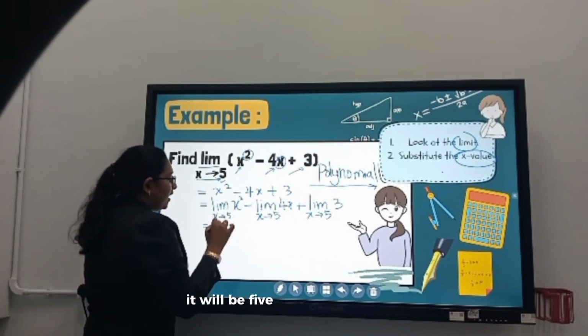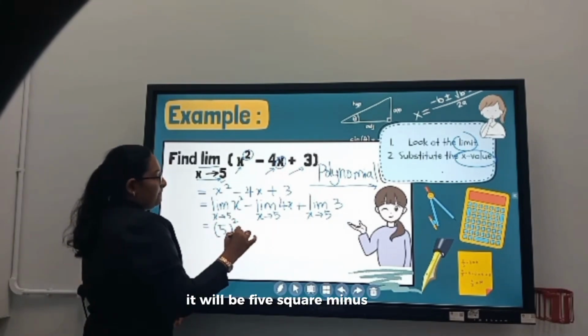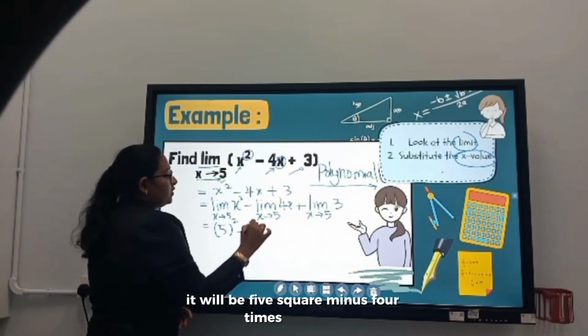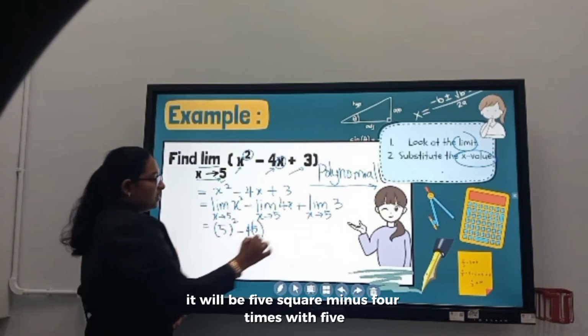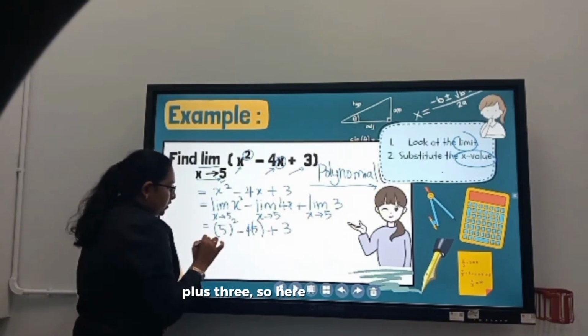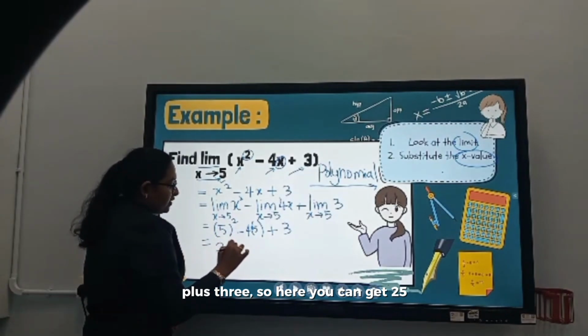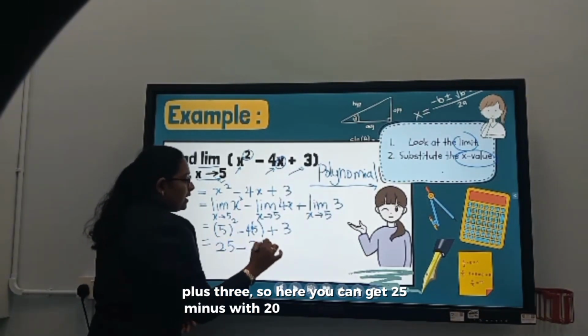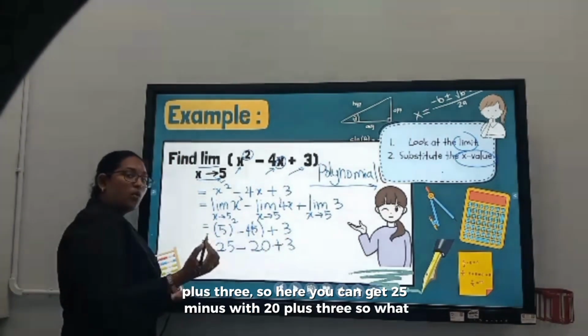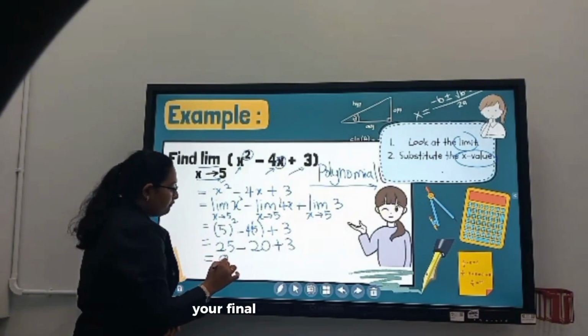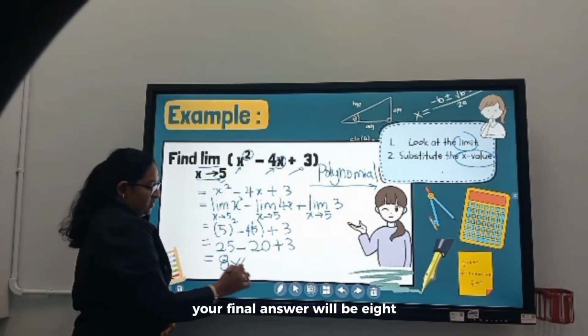So it will be 5 squared minus 4 times 5, plus 3. So here you get 25 minus 20 plus 3. So what is the final answer? Your final answer will be 8.